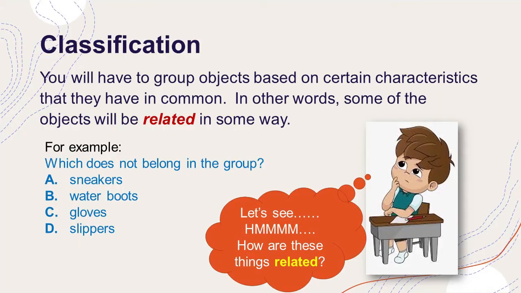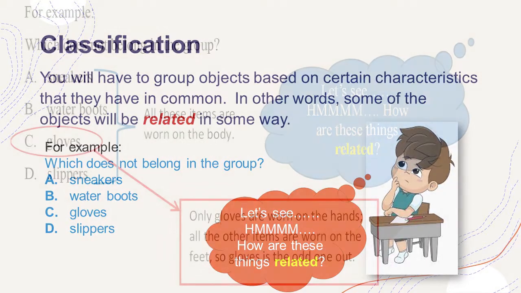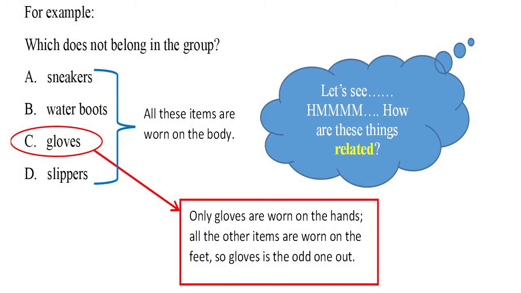That's right. They are all things that we wear on the body. But what part of the body do we wear these things? Let's find out. Which does not belong in the group? We know then that all the items are worn on the body, but only the gloves are worn on the hands.